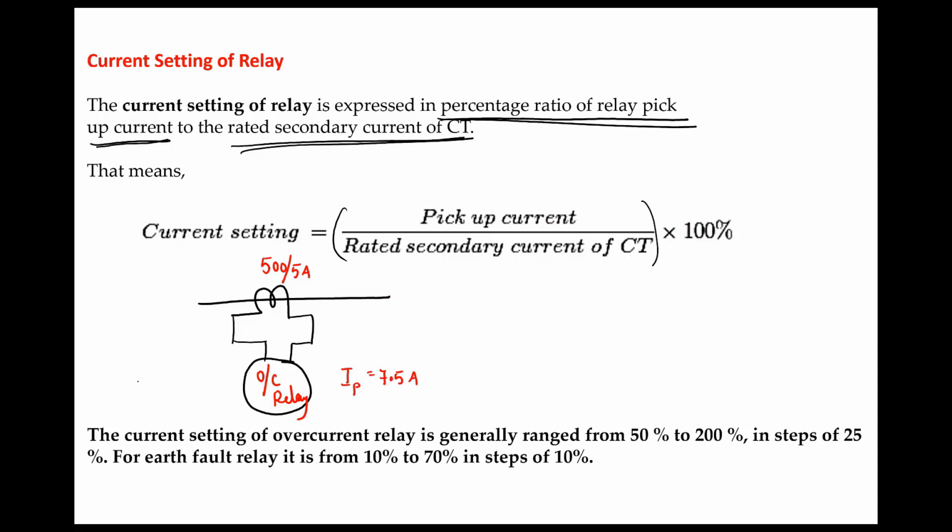That means this overcurrent relay will operate if current through the relay is greater than 7.5 ampere.